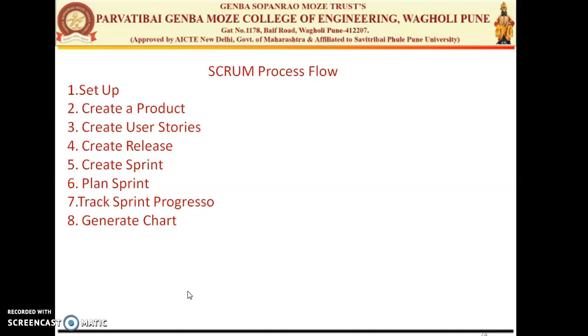Then create a sprint. Your fifth step is create a sprint. A sprint is the basic unit of time in a development process when you are using Scrum. It can have any length, typically one sprint contains 1 to 4 weeks. That means sometimes it ends in 15 days, sometimes it goes to 1 month.